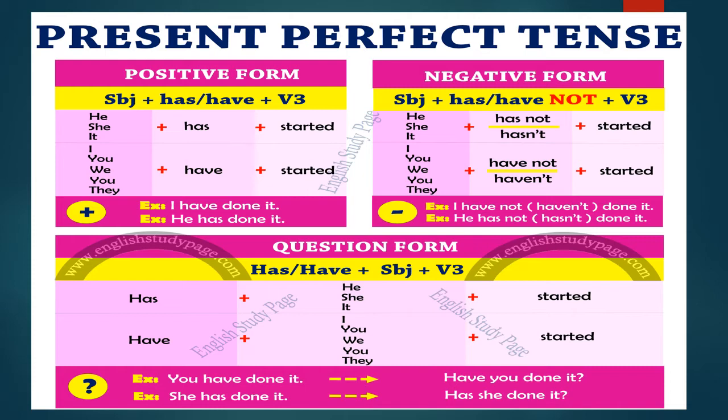If the subject is plural, I will use have. Has or have, auxiliary, plus subject, plus past participle. 3 steps. Have you done it? Have you done your homework? Has she done it? Has she done her homework? Of course, any yes-no question should be answered with yes or no.